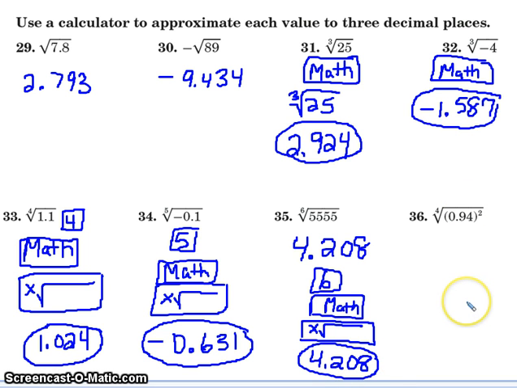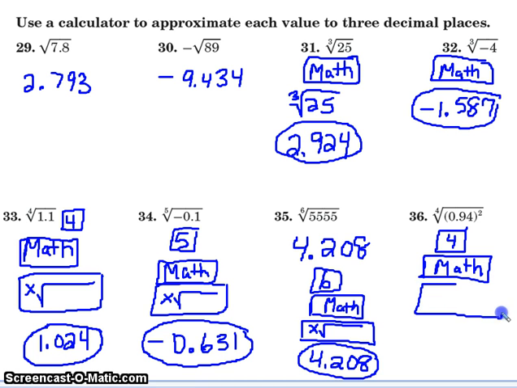And if we want to put 36 in, once again, it's something over a square root or a cubed root. So we start with our 4. We're going to press math. And then this is up to you, x, and then the root of.